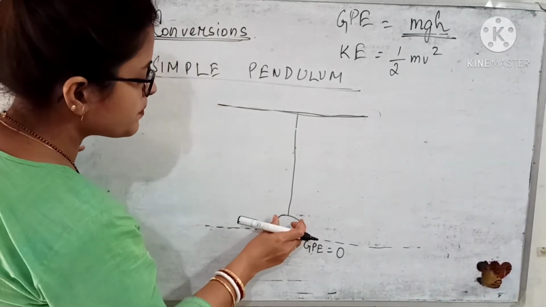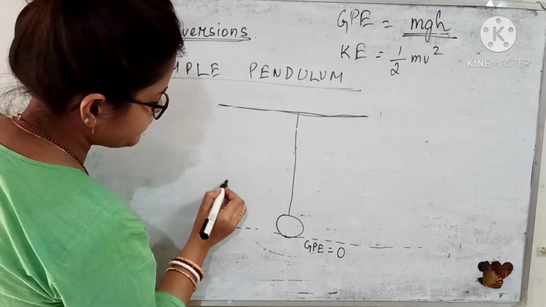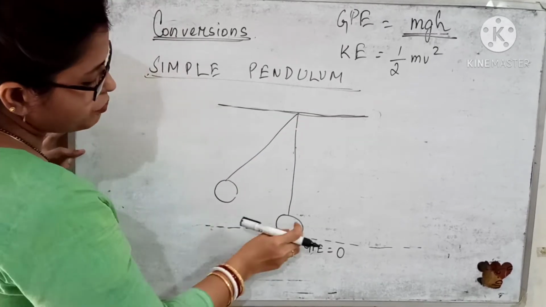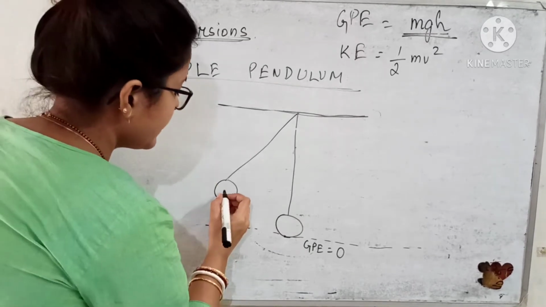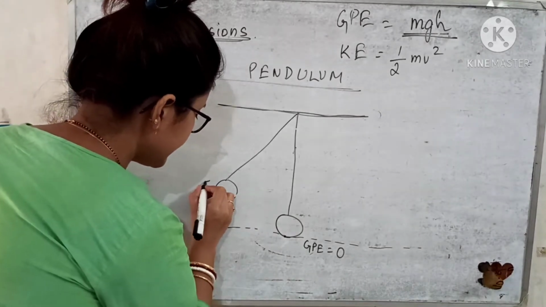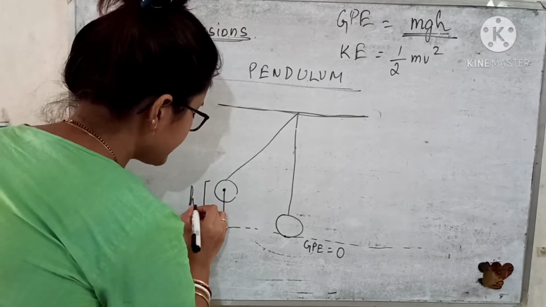Now, when you displace the bob to a particular height, what happens? It is gaining a height, isn't it? It is gaining a raised height.